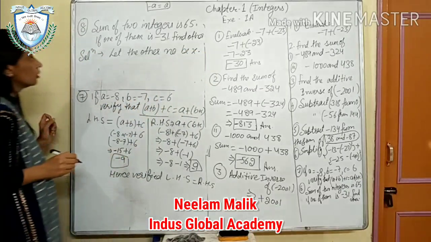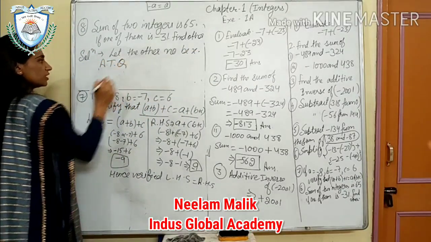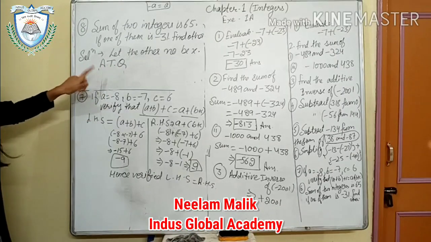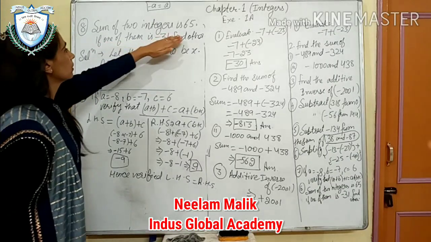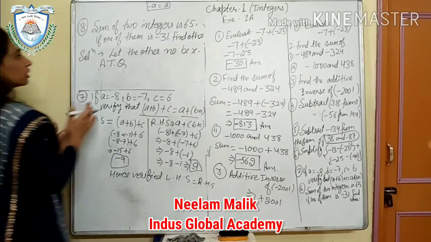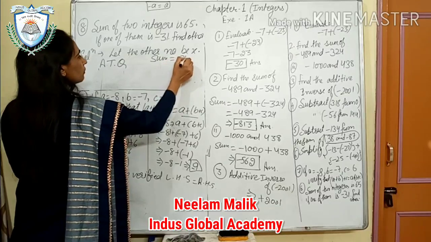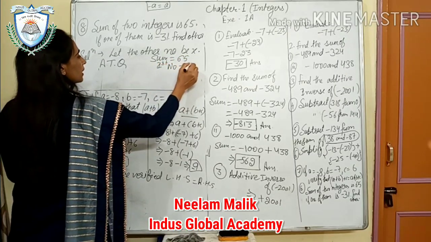So ATQ. Do you know ATQ? ATQ means according to the question, or according to the statement. The statement is: sum of two integers is 65, and if one of them is minus 31. So the sum is given to you, equal to 65, and the first number is also given, minus 31.